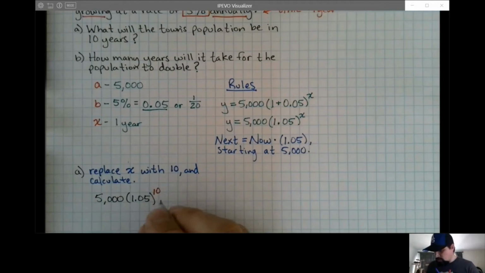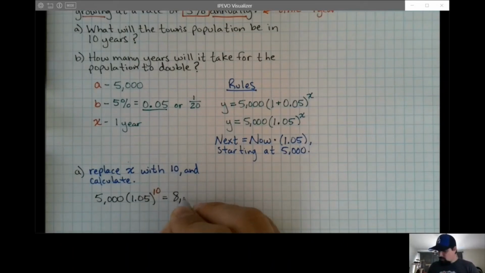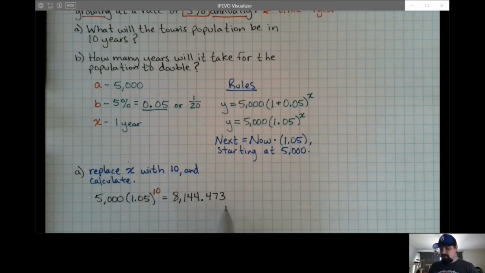When we put that into our calculator, we will get a population, or a result, of 8,144.473. I can't have a 0.473 of a person, right?